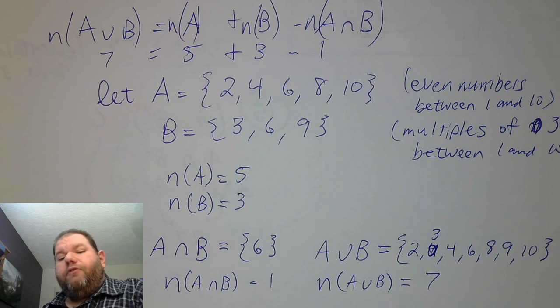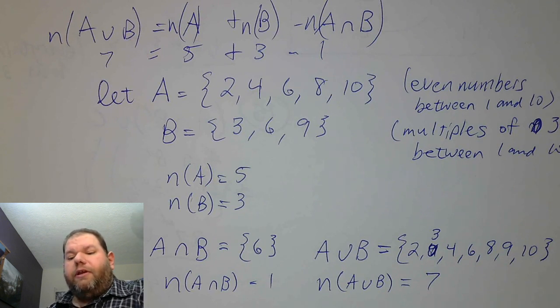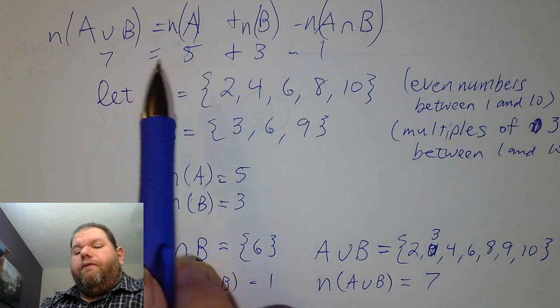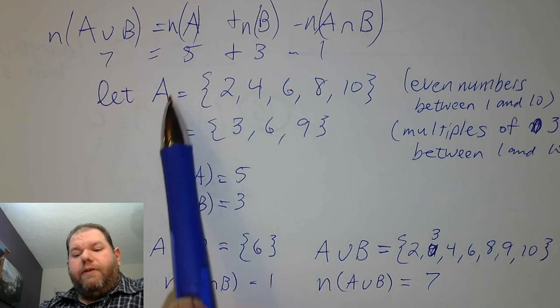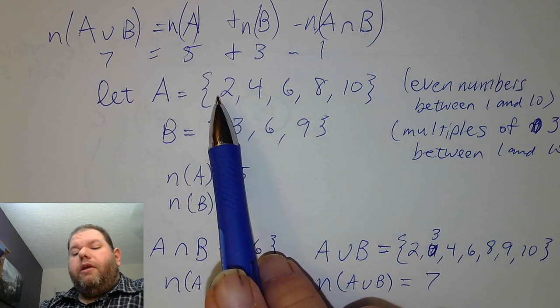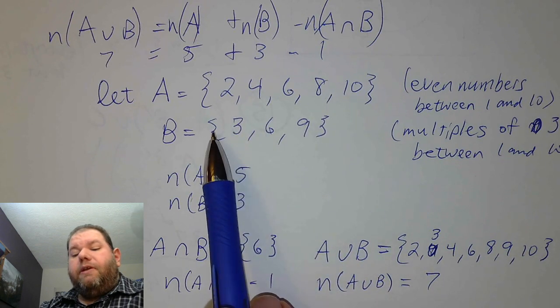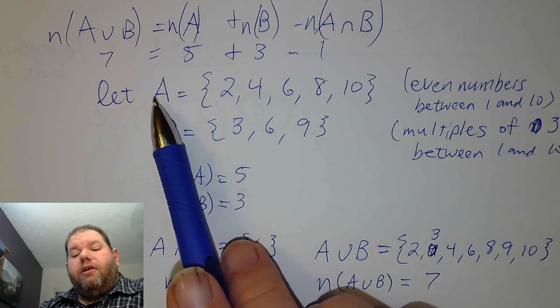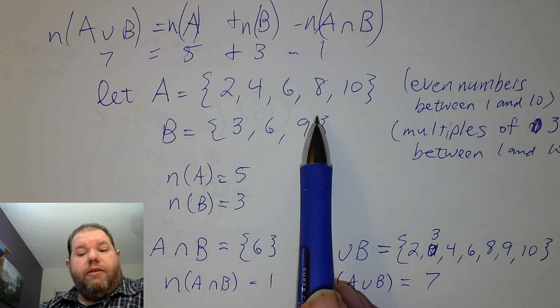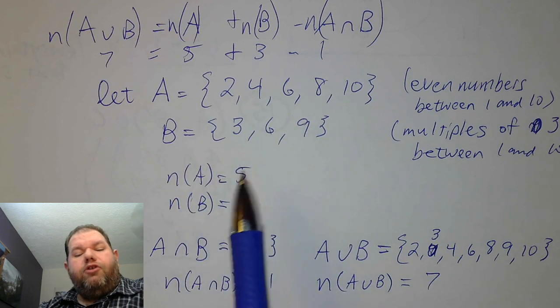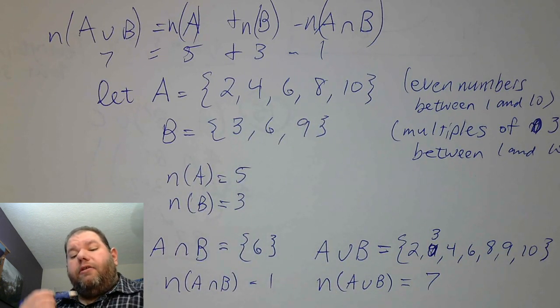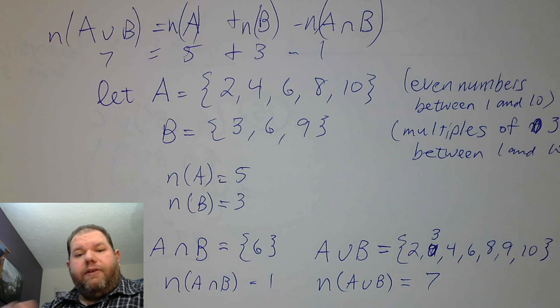So the reason that we have this rule of counting is that if we're finding the union of two sets, A has 5 elements, B has 3 elements, so we'd say, well, there must be 8 between them. But the issue is that just by adding the two sets together, it doesn't take into account what they have in common.